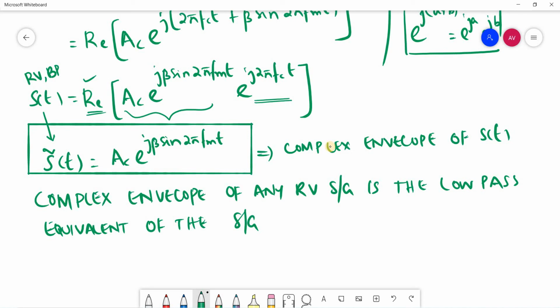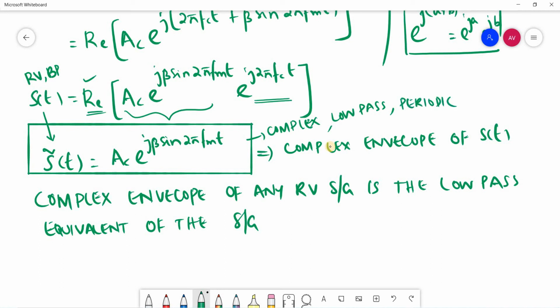So s of t is real valued and bandpass, but s tilde of t is complex, as we can make out from the expression itself. It is complex and low pass. Also, if you expand e power j something as cos something plus j sin something, you will see it is periodic.